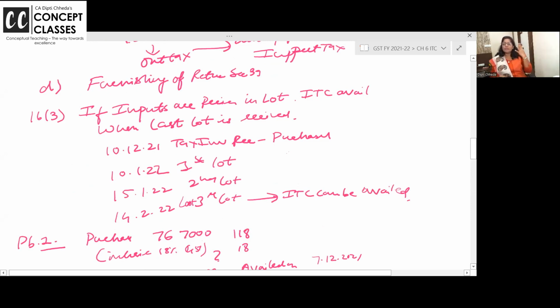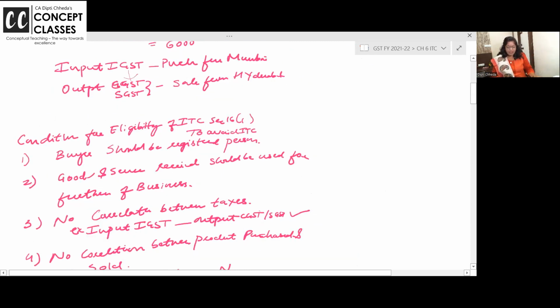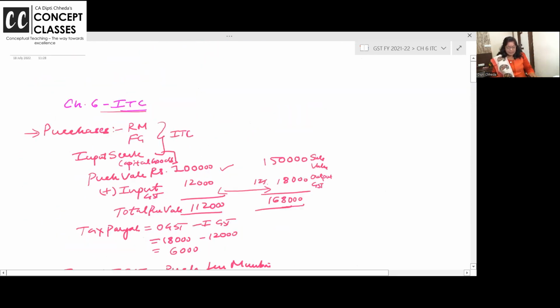On everything you are also paying GST. So if you're a registered dealer, you can avail input tax credit and keep this input tax separate. When you have output tax minus input tax, that is the tax which you are liable to pay. I've given you an example for each and everything.